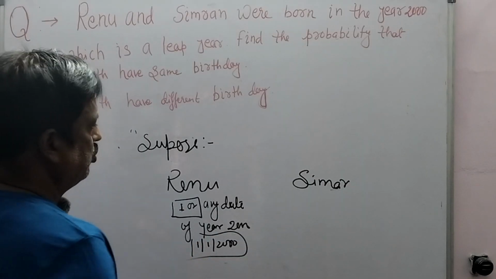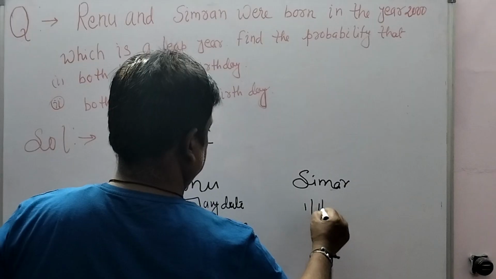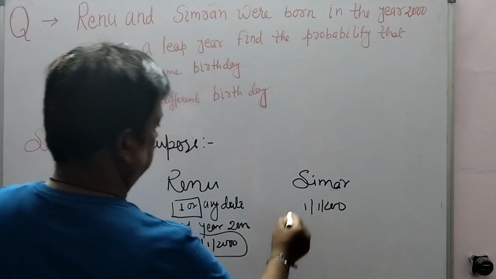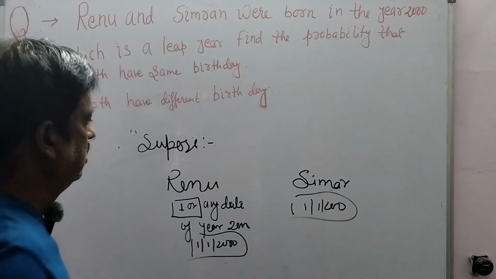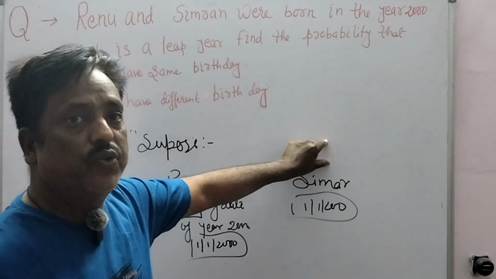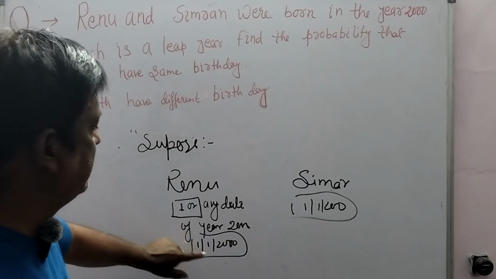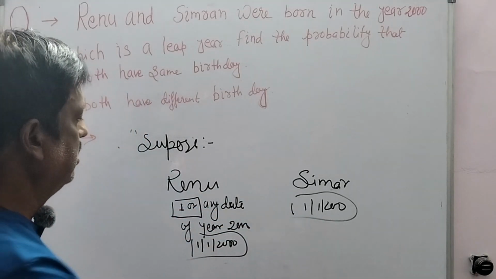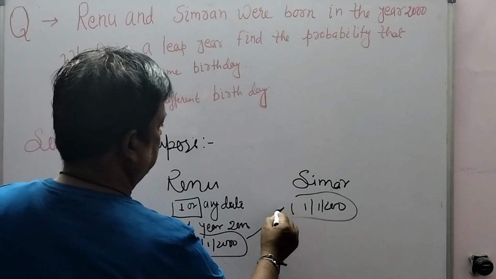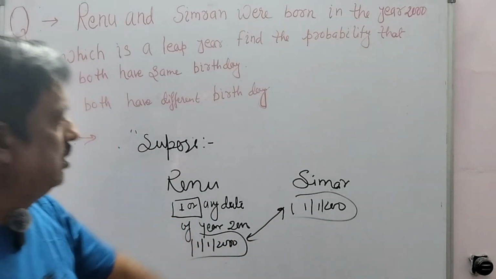Similarly, suppose Simran also has the same date. Suppose this is a dice and this is also a dice. Then this number appears on this dice, and maybe the same number on the other dice. So the favorable condition is only one.